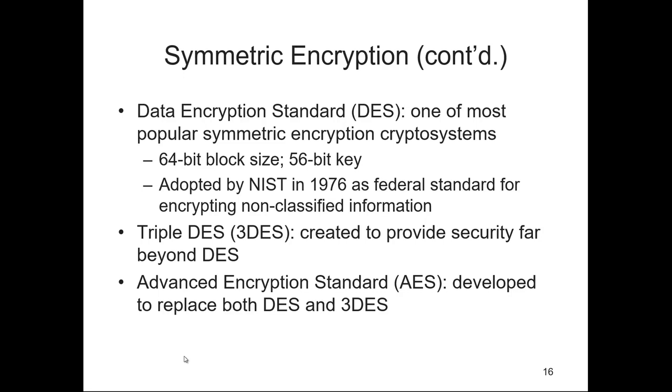With a 56-bit key, the algorithm has 2^56 possible keys to choose from, over 72 quadrillion. And this is a huge number of possibilities. The Data Encryption Standard is a federally approved standard for non-classified data.